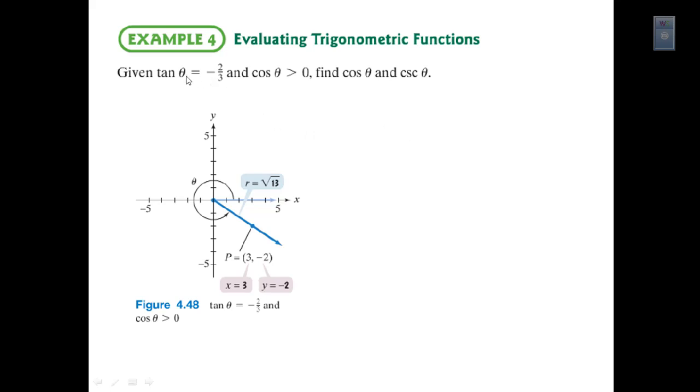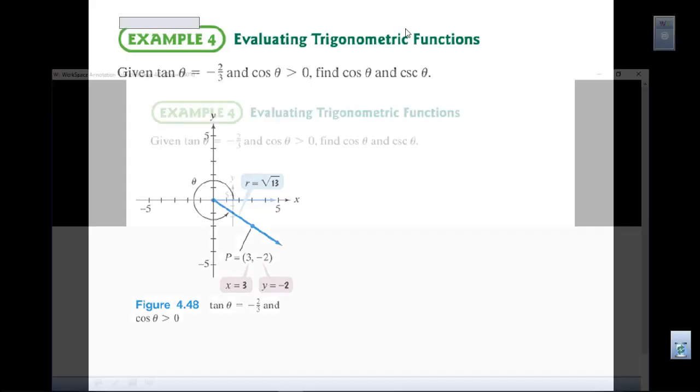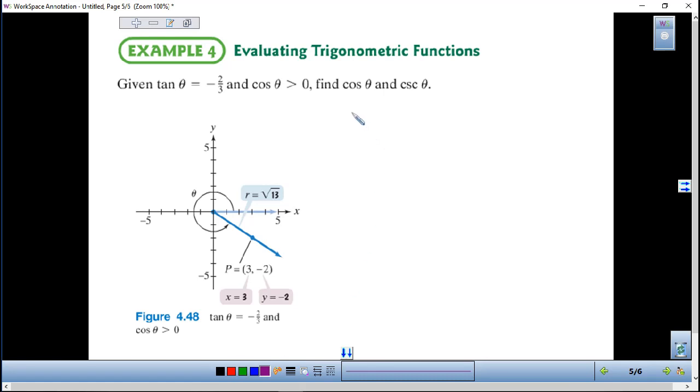All right, given that tangent theta is negative 2/3 and cosine is greater than 0, find cosine theta and cosecant theta. So we know tangent theta is negative 2/3. And tangent theta, remember, is also y over x.